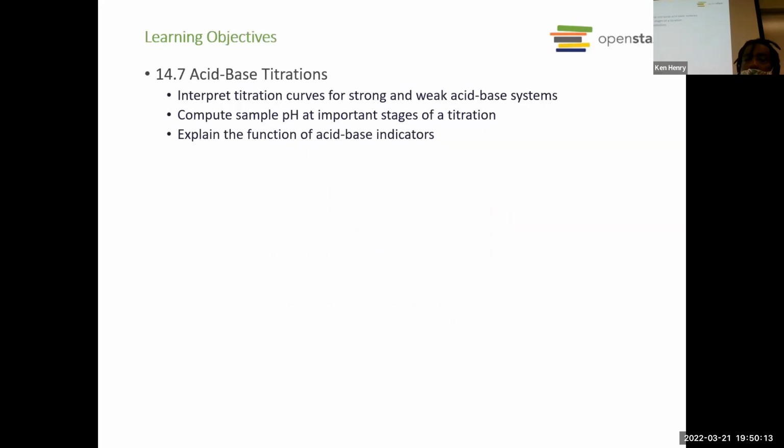Okay. So acid and base titrations. Well, you guys are already familiar with this. You should be pros at this because you've done it so many times, right? So in the case of acid and base titration, there are 2 types of titrations.